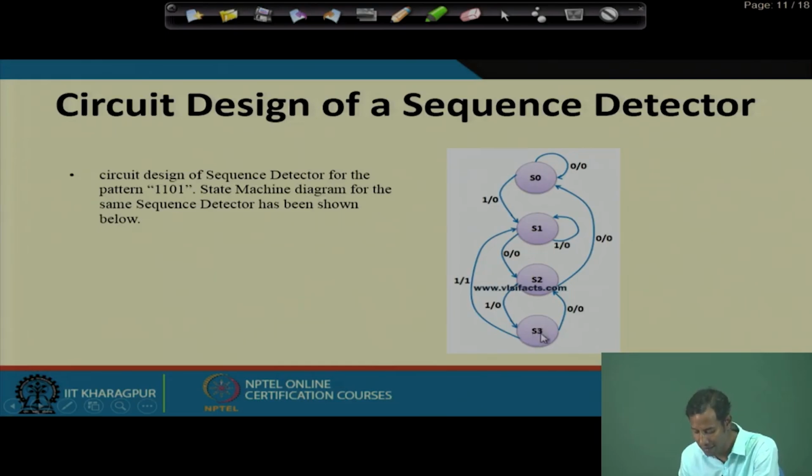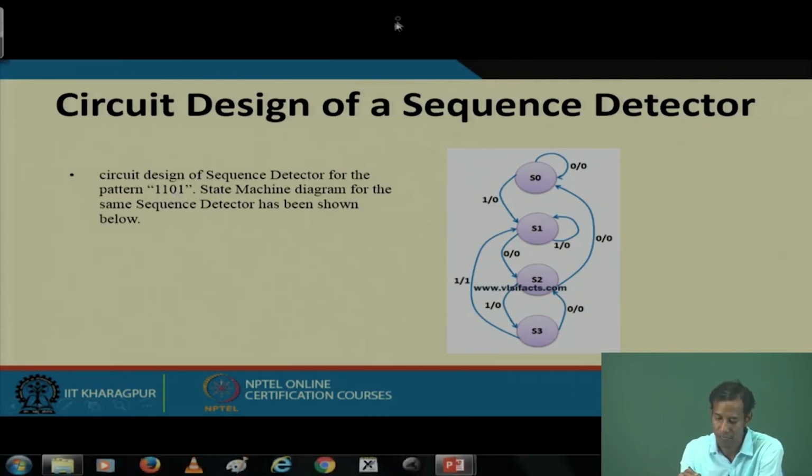Now in S3, if it gets a 1, where will it go back? It will go back to S1. Why S1? Because that 1 is already the first 1 of a new sequence, and again we have to select 1 1 0 1.